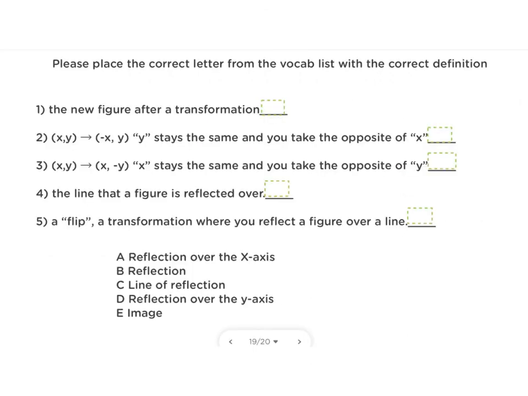Problem number 19. The new figure after a transformation is called an image. XY. So Y stays the same, and you take the opposite of the X. So if the Y stays the same, it's going to be a reflection over the Y-axis.